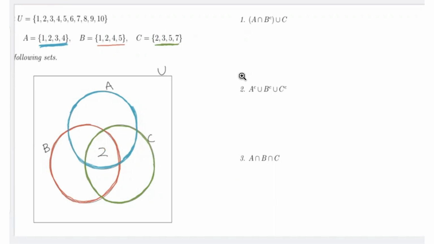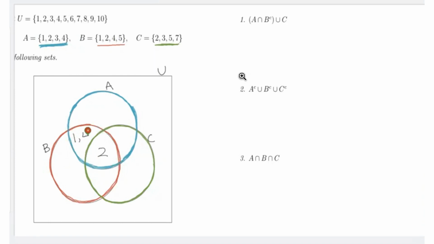Let's look at A and B. Here is a red, and here's a blue. Common elements of A and B: 1 and 4. Okay.